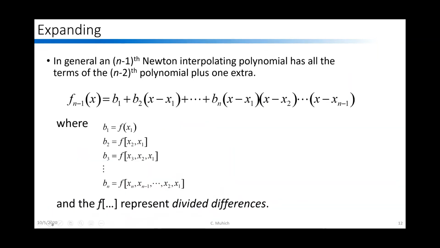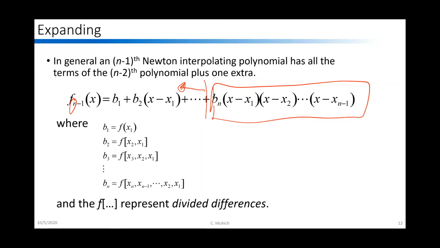So in general, the n-1th polynomial interpolation has all of the terms of the n-2th polynomial plus one extra. In other words, if I'm adding on this last term for this n, I get to keep everything to the left. All those terms that have already existed, I get to keep.